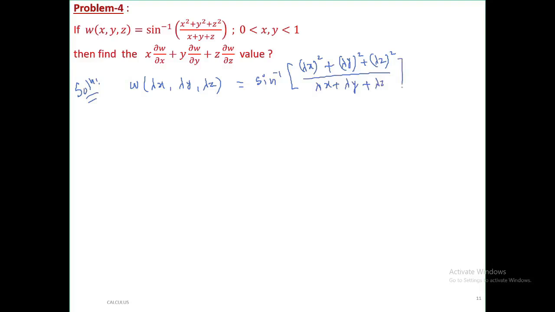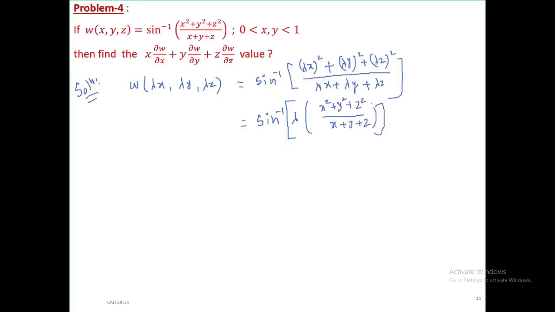Okay, now simplify. So this will be sine inverse of, what will we get? Lambda square numerator common and denominator lambda is out, so one lambda is out. Therefore we get x square plus y square plus z square divided by x plus y plus z.